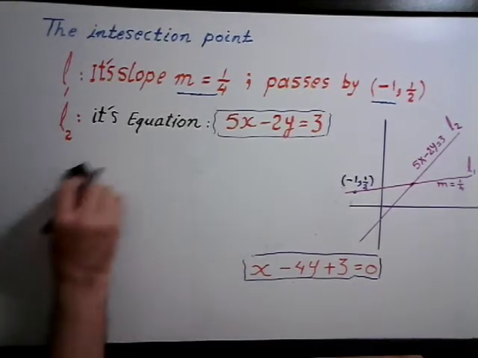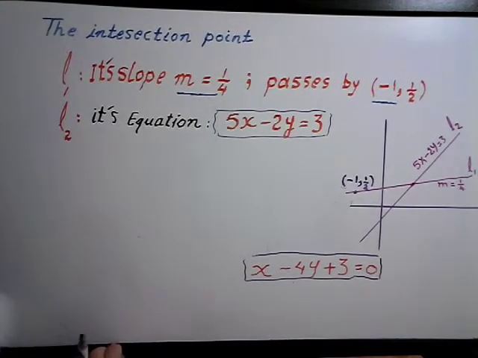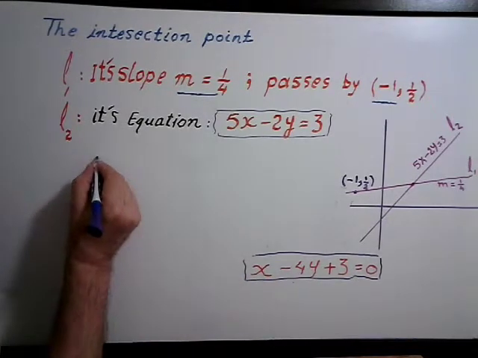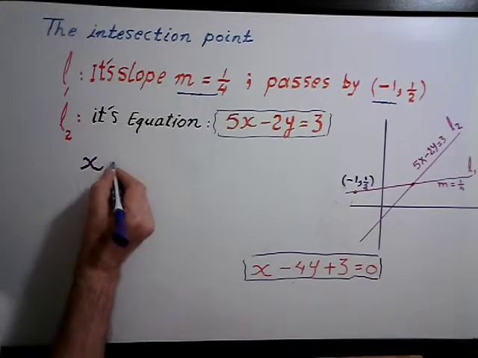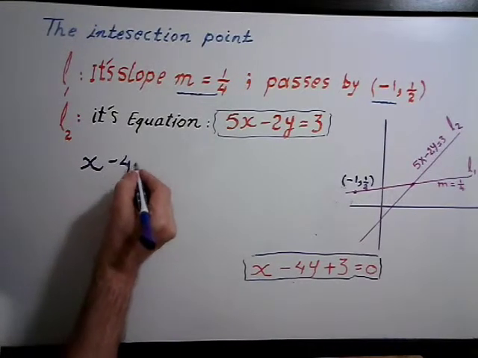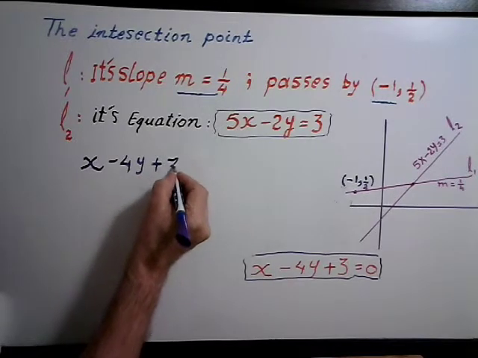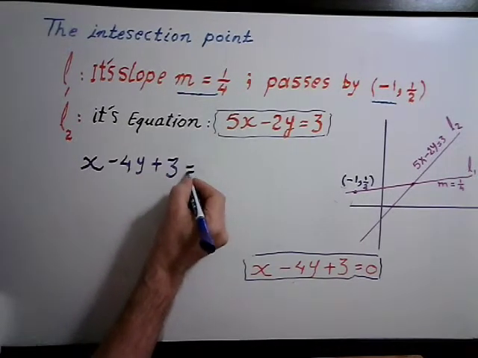The first one is x minus 4y plus 3 is equal to 0.